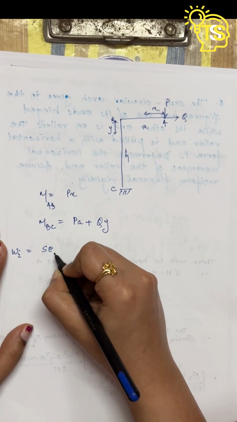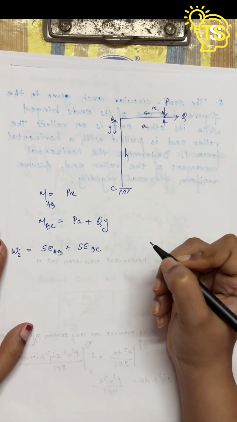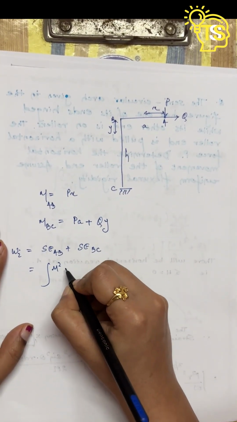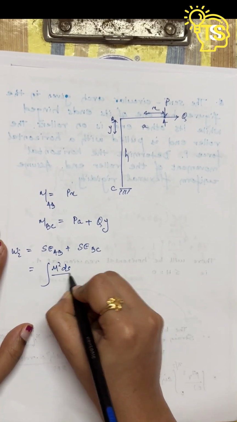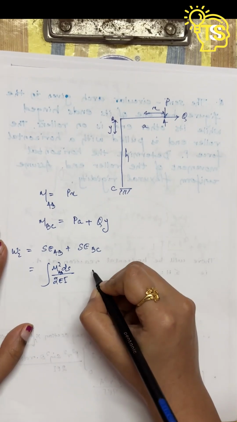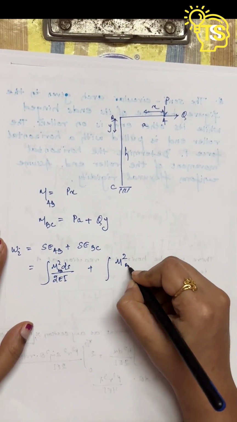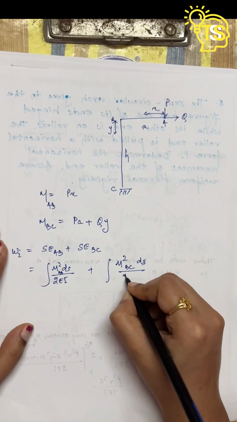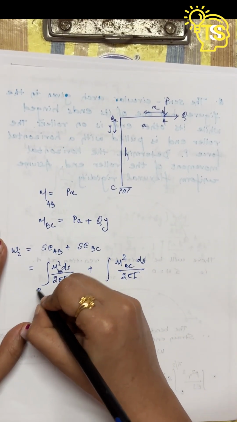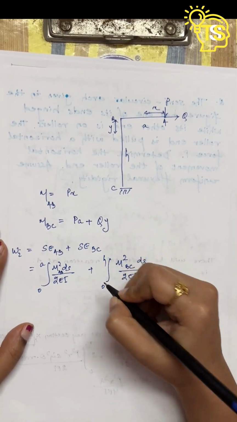Strain energy at AB plus strain energy at BC, and the formula of strain energy is M square ds upon 2EI. For AB the limits will be from 0 to a, and for BC the limit will be from 0 to h.